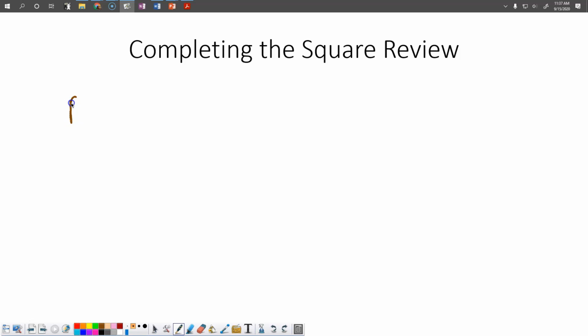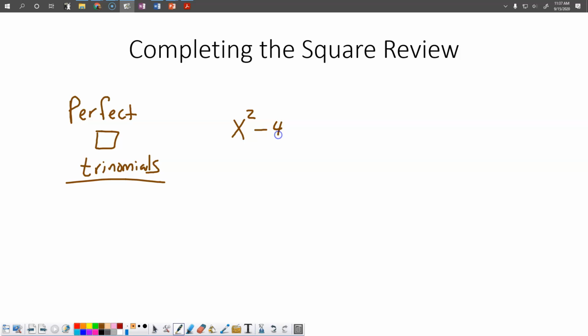So first of all, we need to talk about something called perfect square trinomials. Okay, a perfect square trinomial is a trinomial like this one that can be factored.